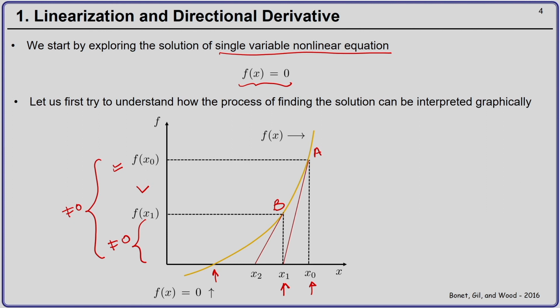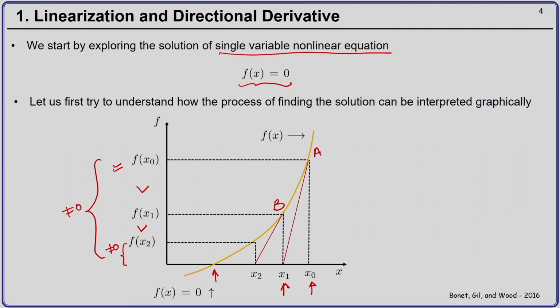Now, again I can check the value of the function f of x 2, and you can see here that f of x 2 is not equal to 0, but obviously the magnitude of f of x 2 is less than f of x 1. So, again we are reducing the value of the function.